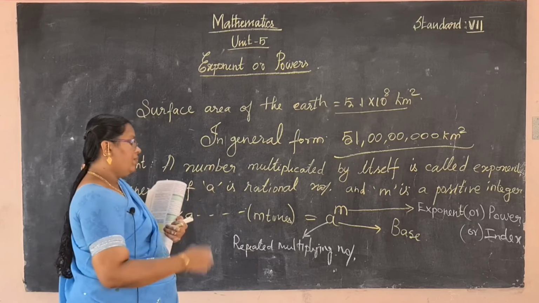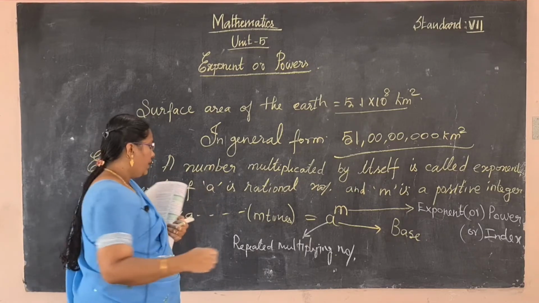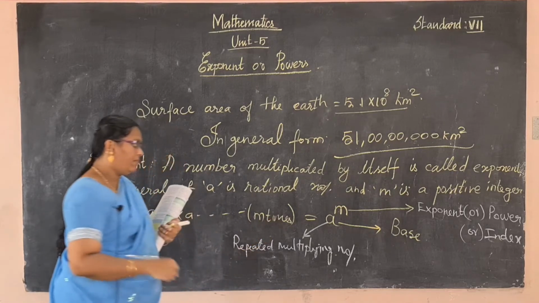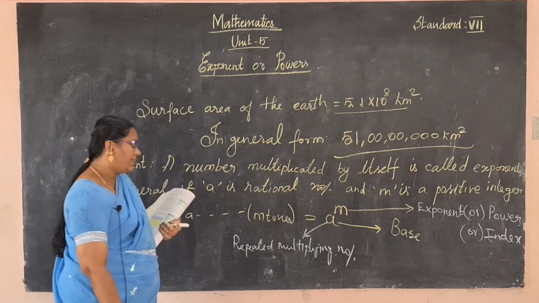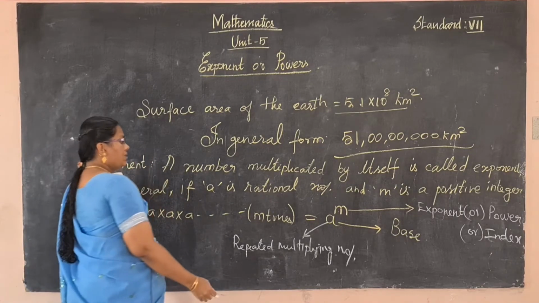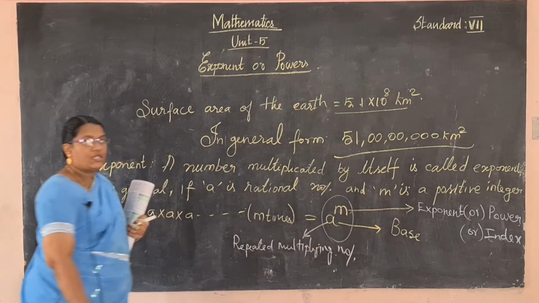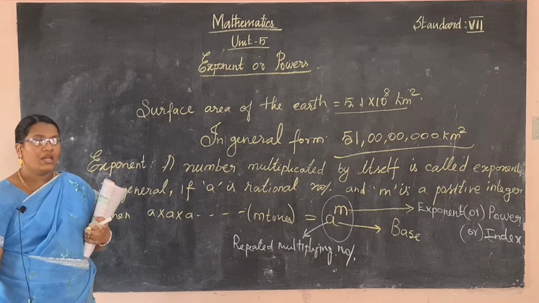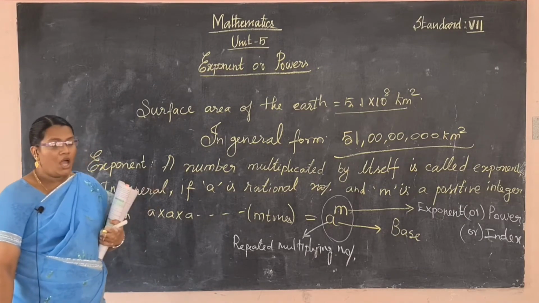So M refers to how many times the particular number is repeated. A represents the repeated multiplicative number. This kind of formation is called the exponential form.